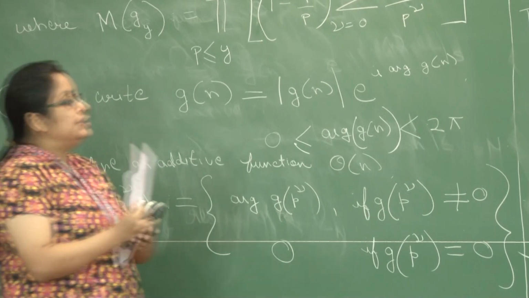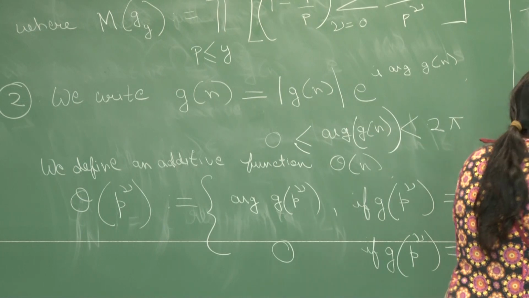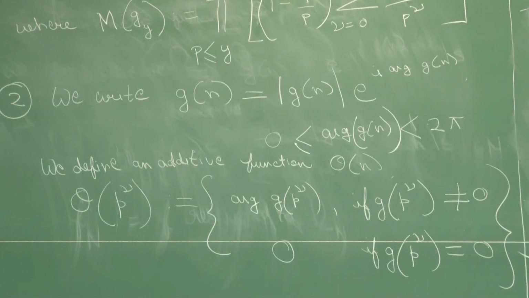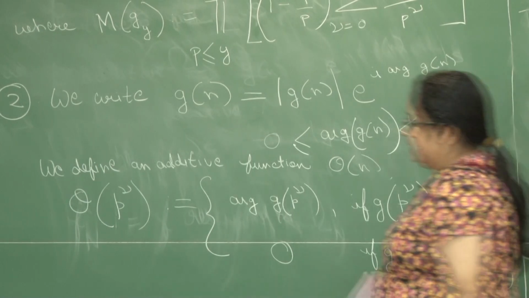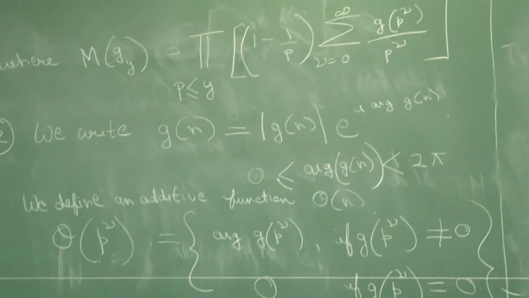So, with this what we do is, exploiting the fact that your theta is an additive function and applying the Turan-Kubilius inequality in a very nice way, which we will discuss in the next lecture and just sketch for now, what we end up showing is the following.